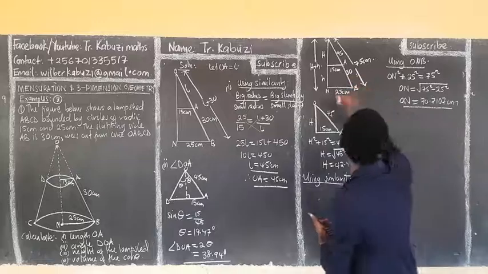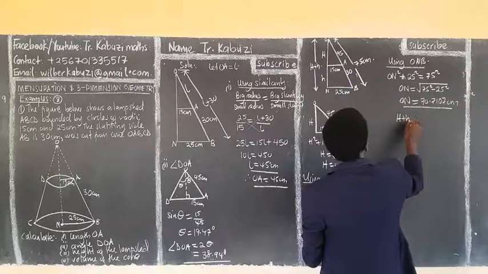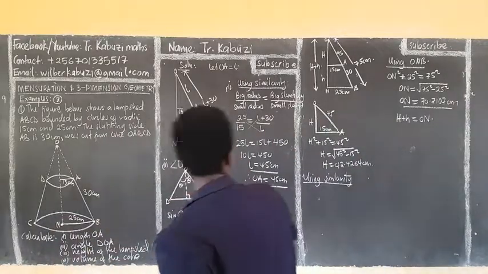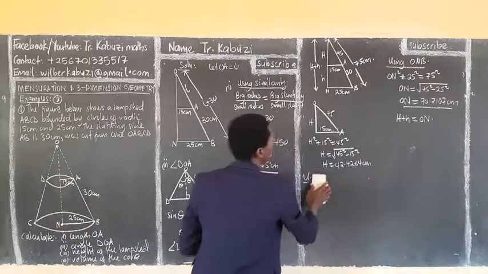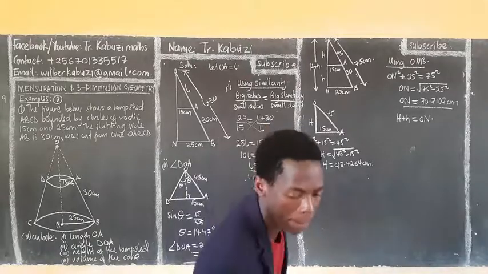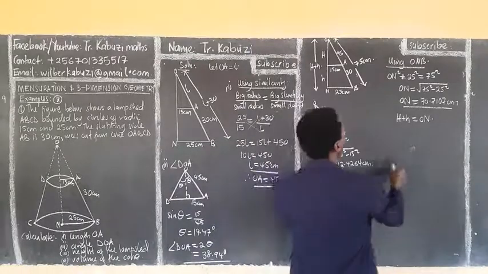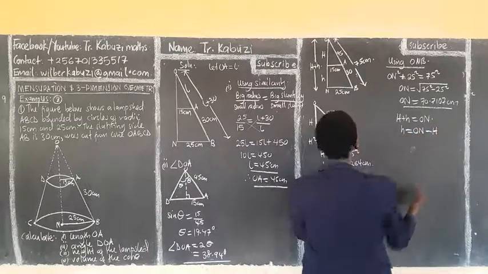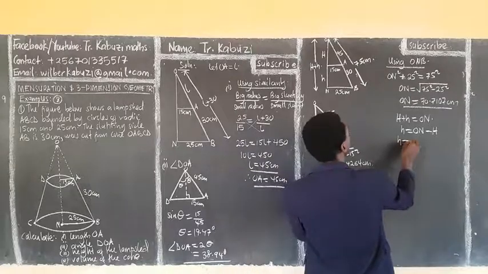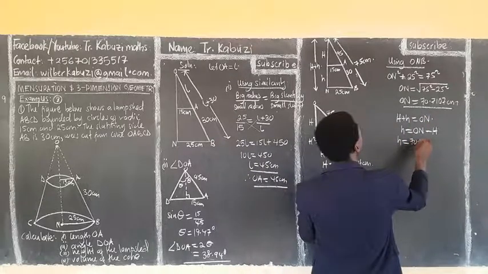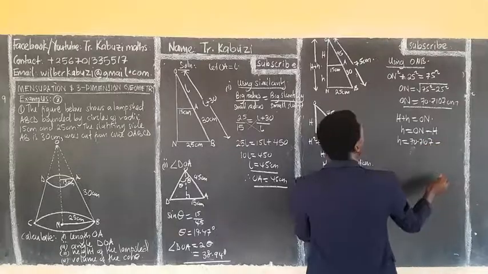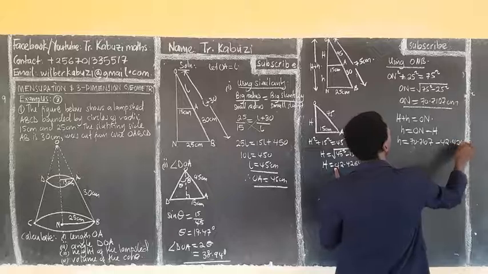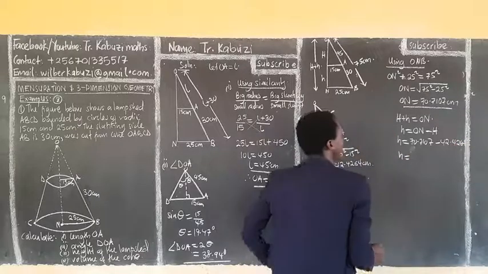Now, if I have ON, then my capital H plus small h is equal to ON. So if that is the case, allow me to first remove this one. If you want, you can use similarity also. So my small h is going to be ON minus capital H. But I have calculated that already.